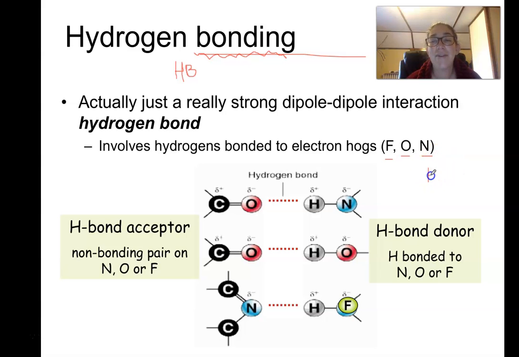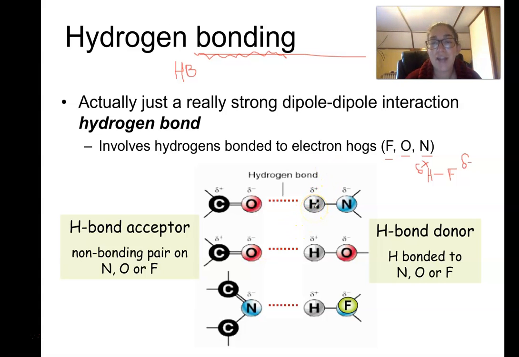So when you have hydrogen that's bonded to a fluorine, for example, that partial charge on the fluorine is not small. It's actually a pretty big partial negative. And the partial charge on this hydrogen is pretty large. It's a pretty big partial positive. So because of that, it's a particularly strong type of dipole-dipole interaction.